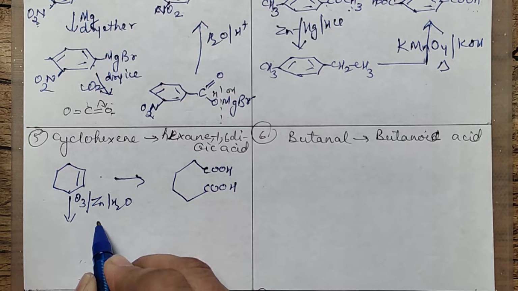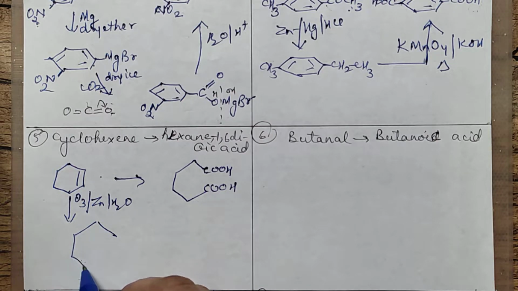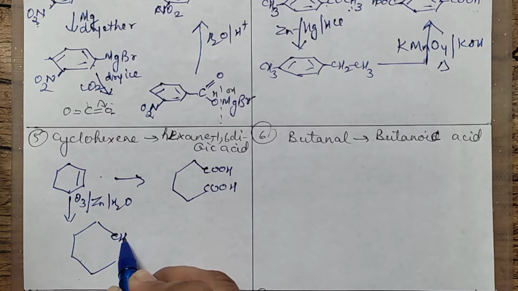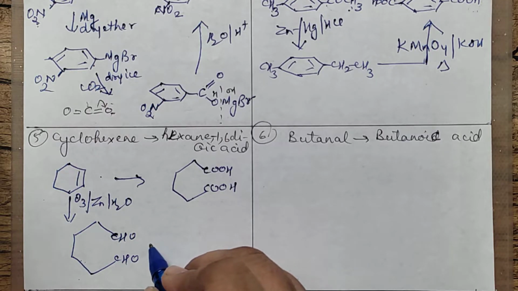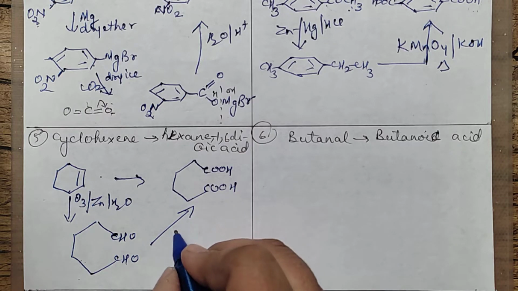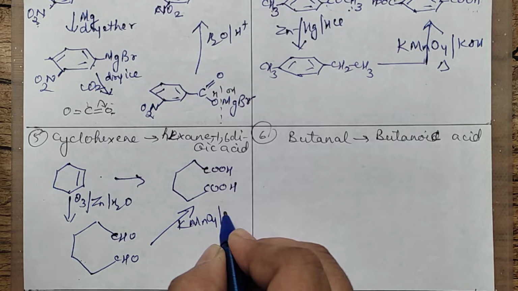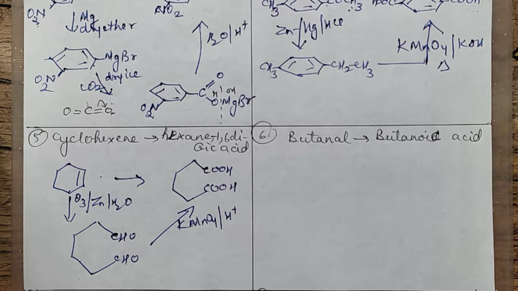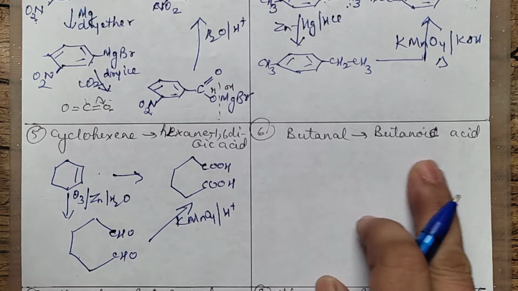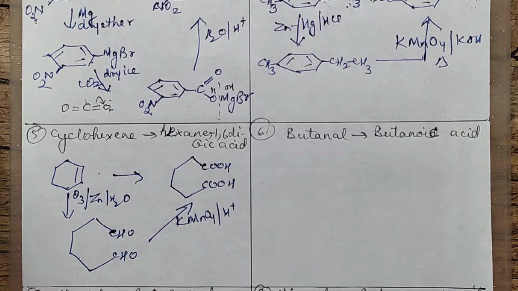So it will break first, and you will get CHO here and CHO here. Aldehyde you will be getting directly. Now you can convert it, you can oxidize it in the presence of KMnO4 and acidified medium. You can get the desired product. Clear? Now butanal to butanoic acid.